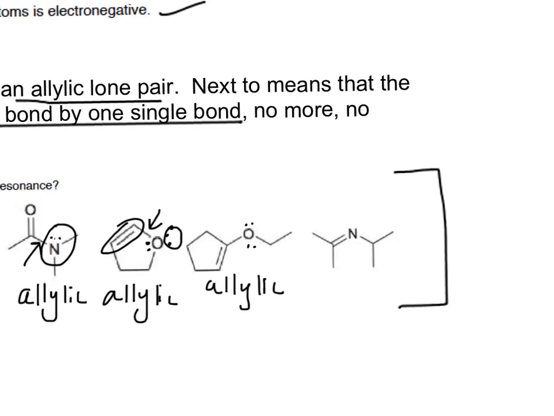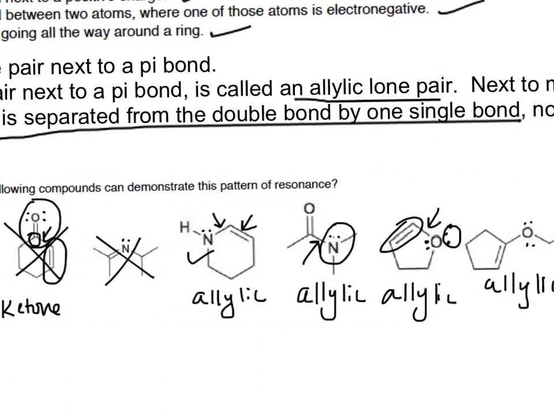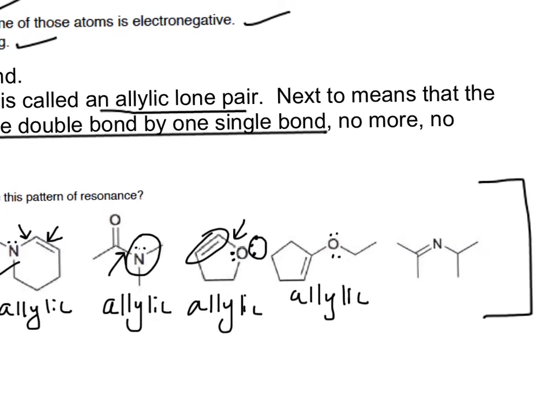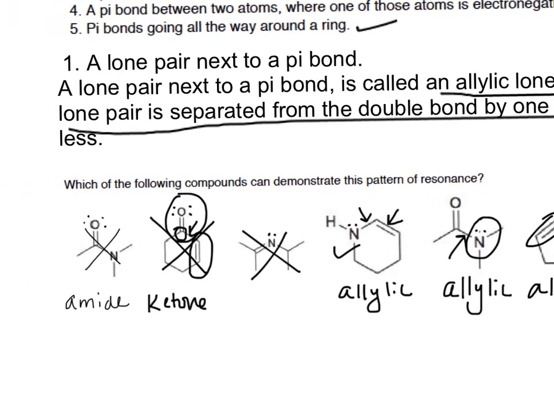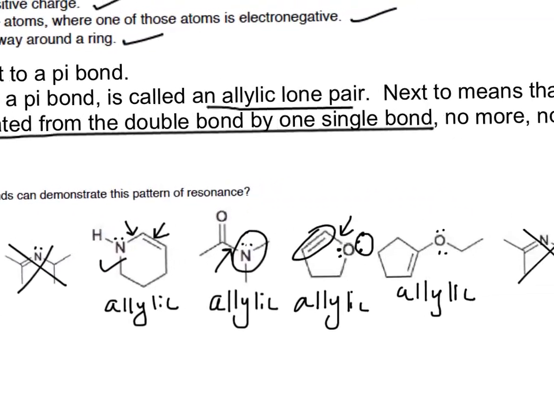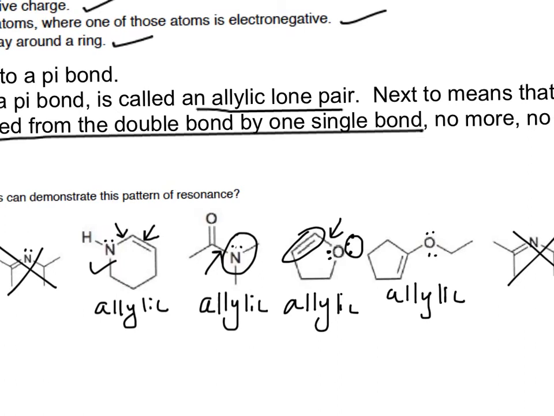And finally, when we come to this, we've already done this one, and this was not allylic. So you can see you need to have a lone pair next to a pi bond, and it can be a pi bond with a heteroatom.